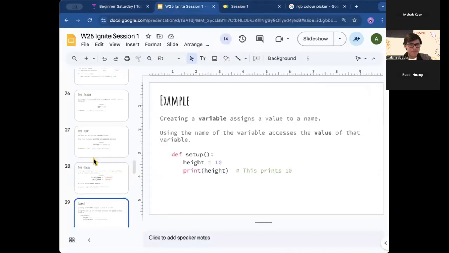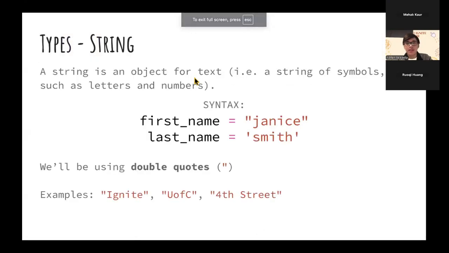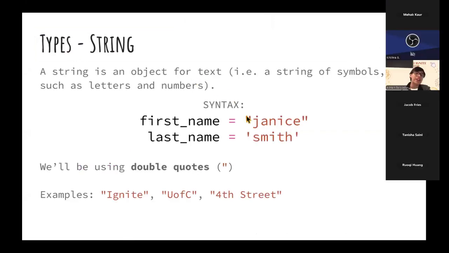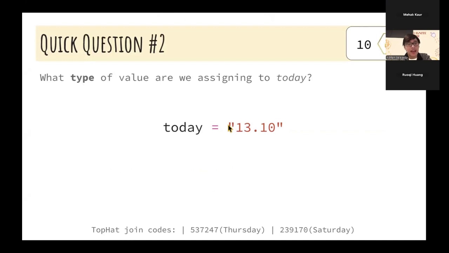So let's go back here. Remember how I said that whenever we're printing a text or specifying a string, it always has these quotation marks. So if you see anything with quotation marks, that's a string.